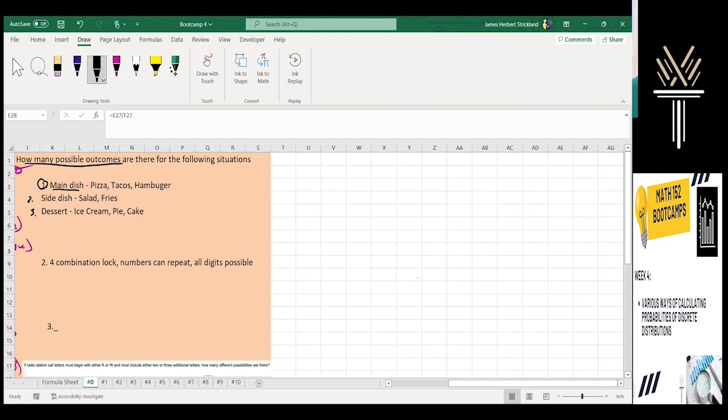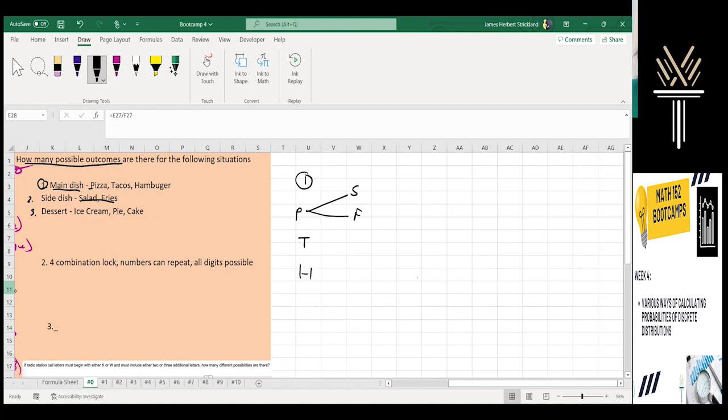And so for our main dish, we have 3 possibilities. You could pick pizza, just call it P. You could pick tacos, or you could pick hamburgers. And then after that main dish, we have 2 options to go with your food. You could pick a salad or a fry.